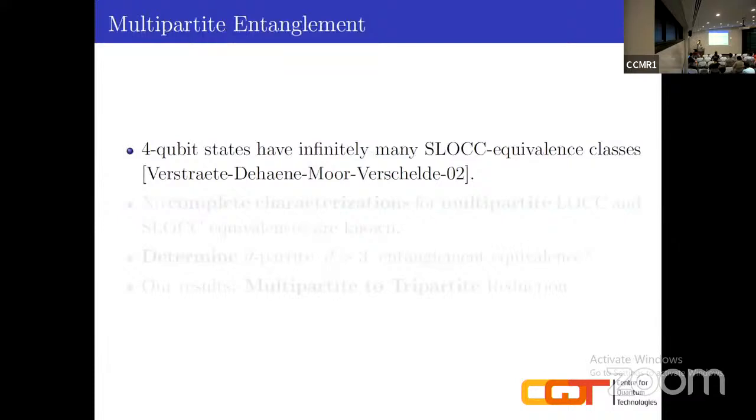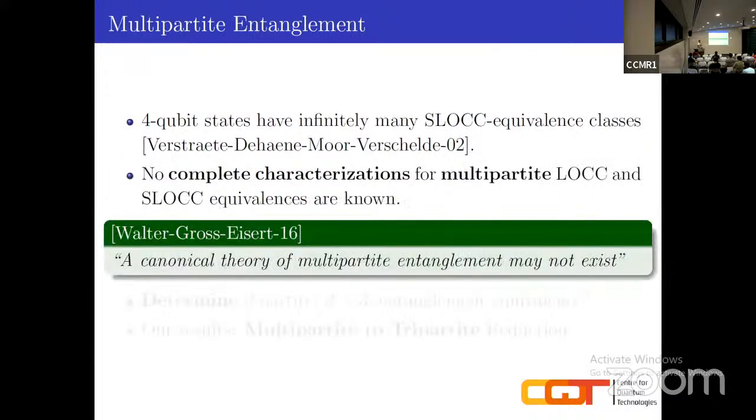But it's proved by Verstraete, Dehaene, Moor, and Verschelde that four-qubit states already have infinitely many SLCC equivalence classes, and right now no complete characterization for multipartite LCC equivalence or SLCC equivalence is known.